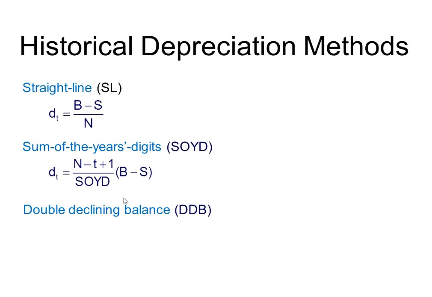The double declining balance, or DDB method, is a method where the depreciation amount is determined as 2 divided by the number of years N of useful life, and then multiplied by the book value in the previous period.